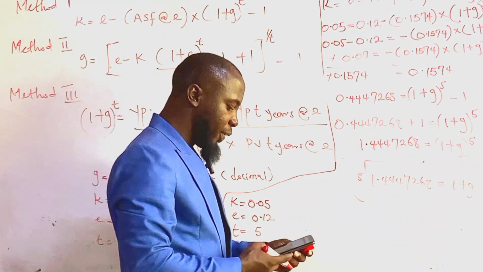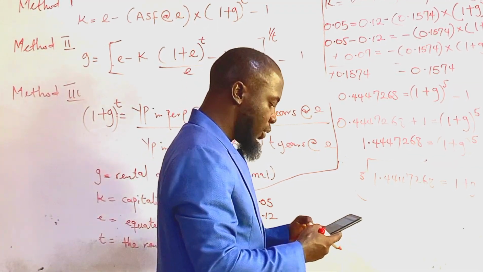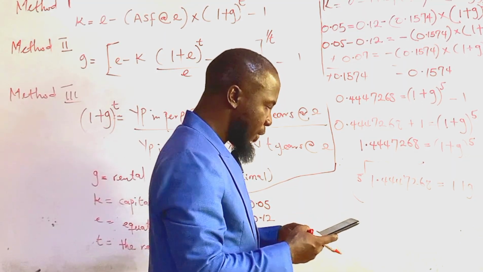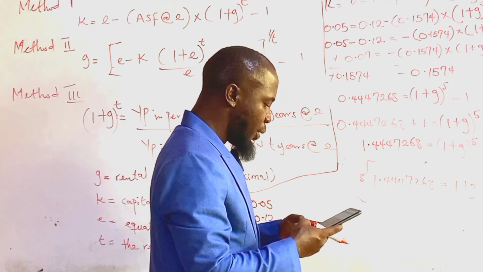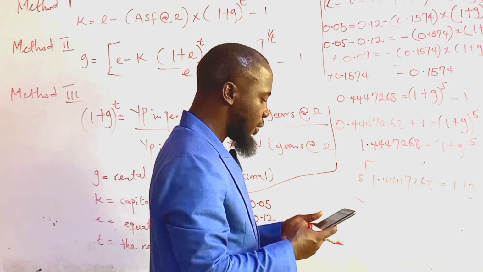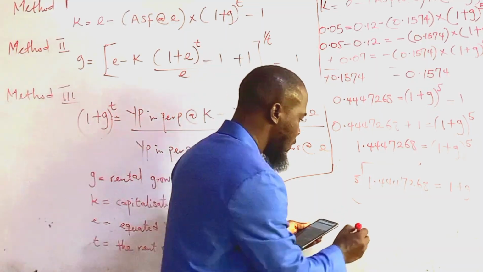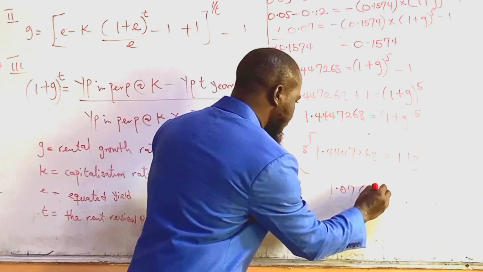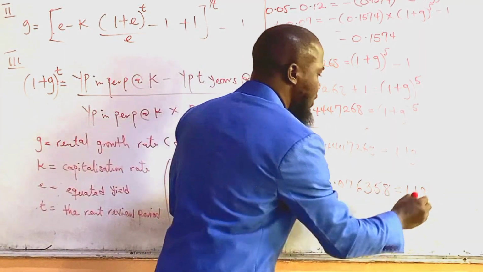So when you apply fifth root, that is your shift and your power sign, fifth root of 1.4447268, we have 1.076358 equal to 1 plus g.